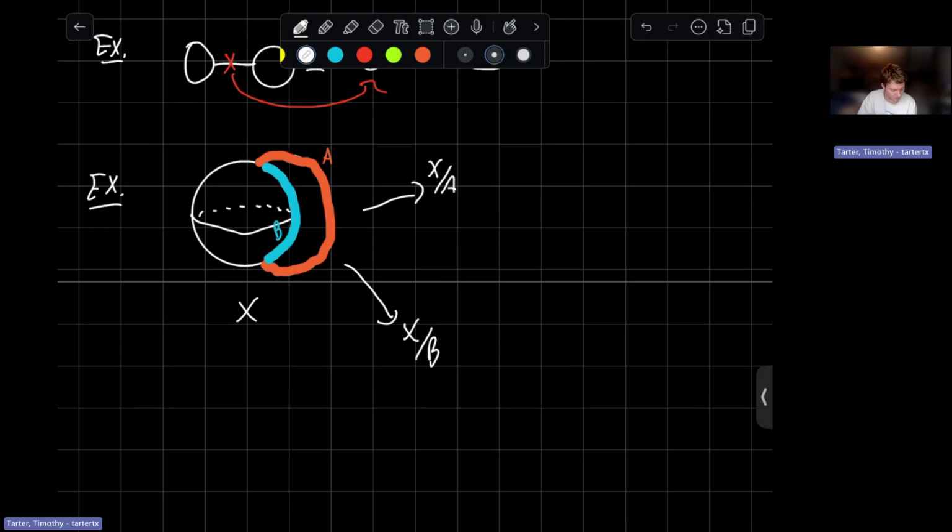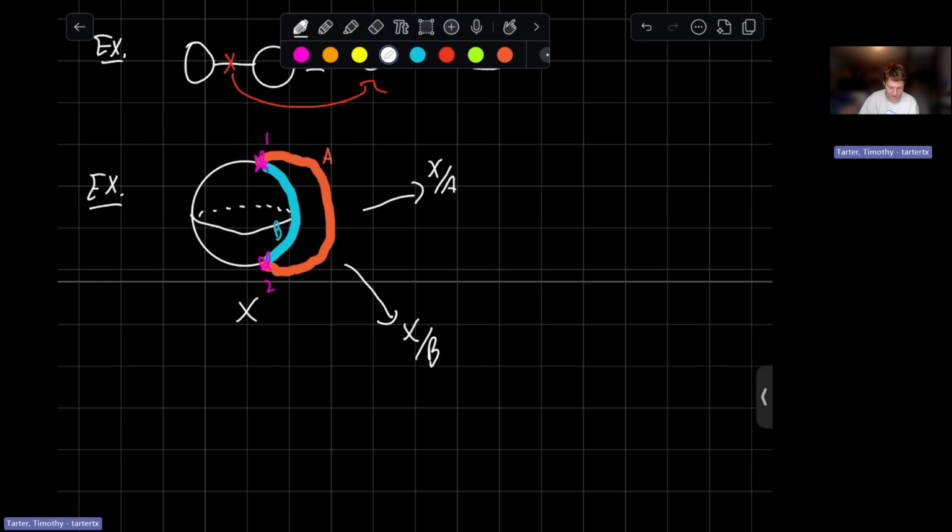If we start out with B, then what we end up getting is we move the two endpoints. I'll just name them 1 and 2. Well, this contracts 1 to 2.